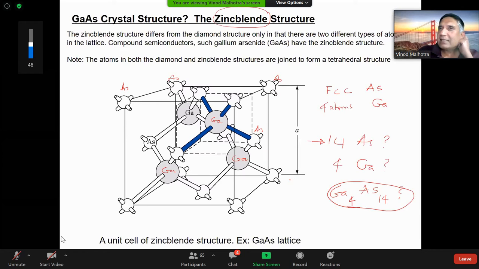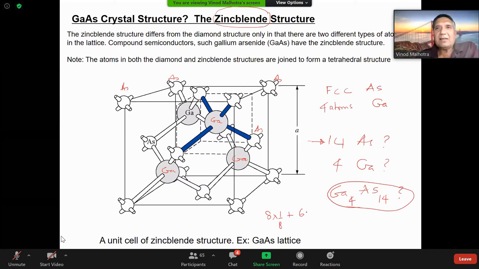All right, so that's the answer. So the answer is it's not 14 arsenic. Remember, this arsenic is being shared by 8 total cubes. So the contribution of this arsenic to this primitive cell is only 1/8. Remember last time that we said that. So there are 8 arsenic and only 1/8 is part of that cube.